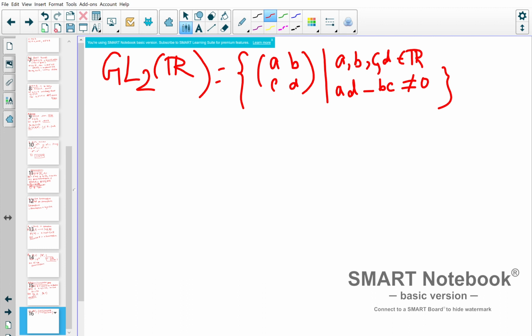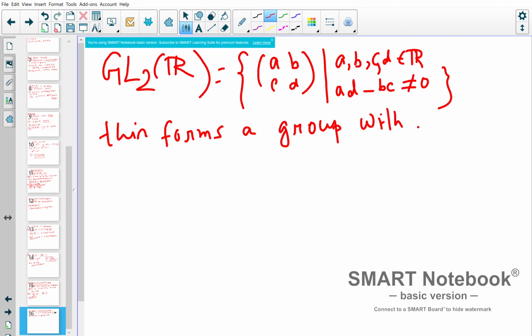I check this collection forms a group with respect to matrix multiplication.